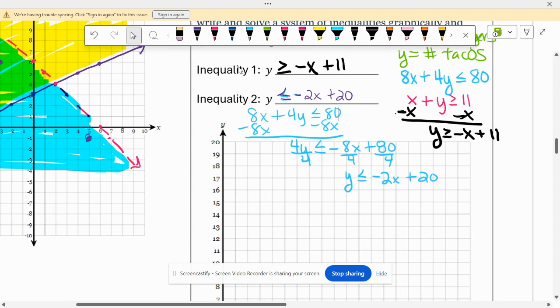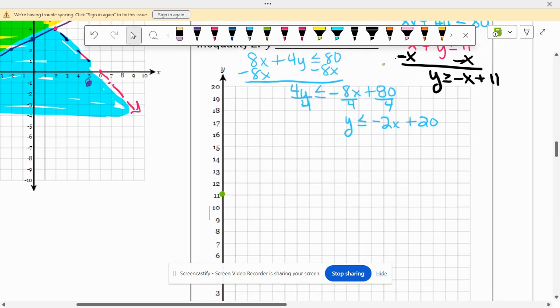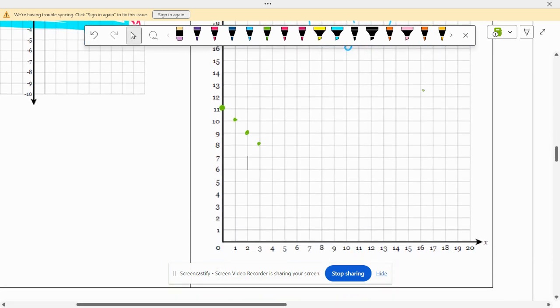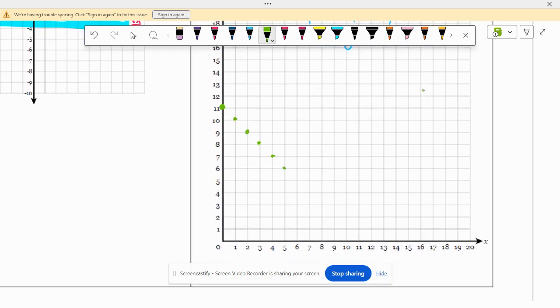So we have to graph these. This first one has a slope of negative 1, and it crosses the y-axis at 11. So I begin at 11, and I'm going to go down 1, right 1, down 1, right 1. That's what my slope of -1 looks like, and I'm going to follow that all the way down.